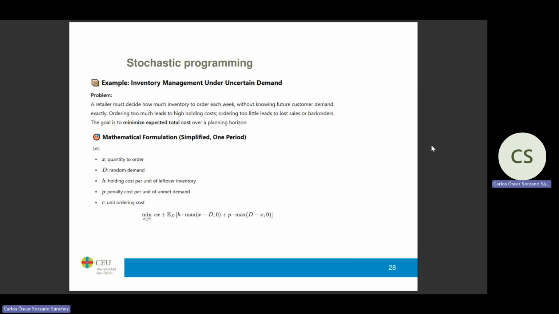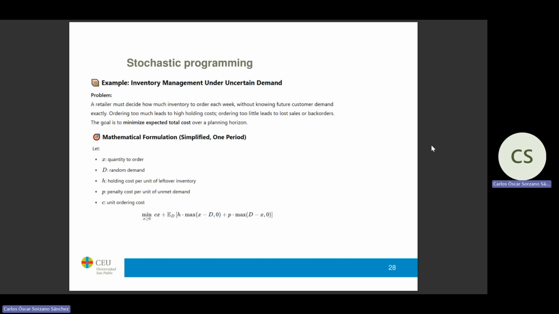Next one will be called stochastic programming. So it is kind of similar to the problem we had before with dynamic programming: a store that has to decide how much to order every day. But now we will formulate it for a single day. So for a single day, we have to decide how much to order.